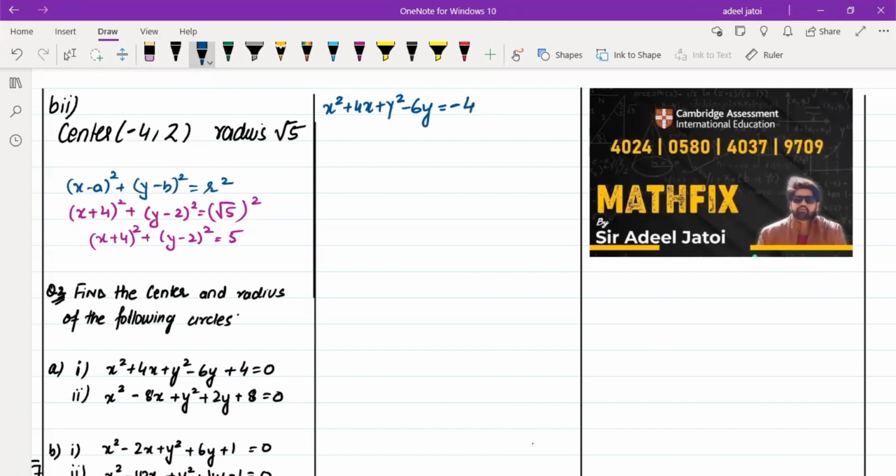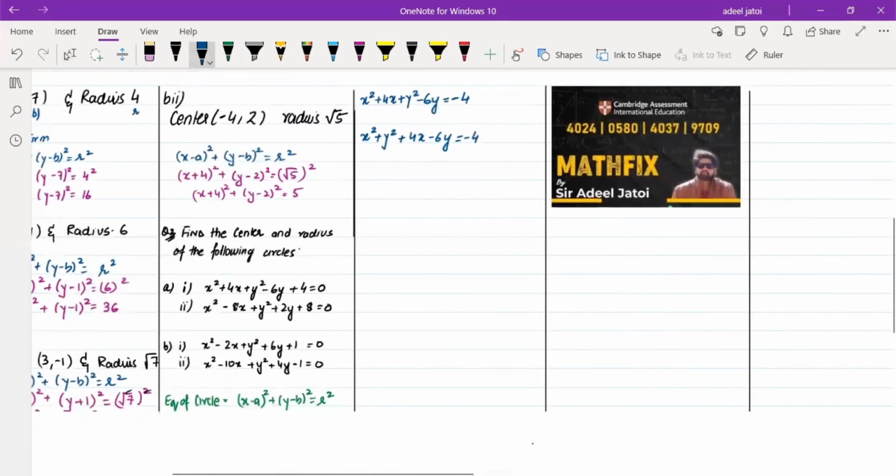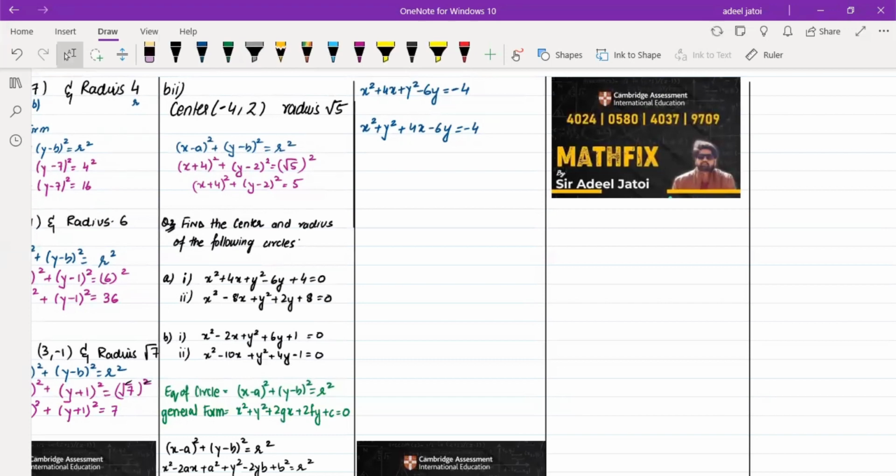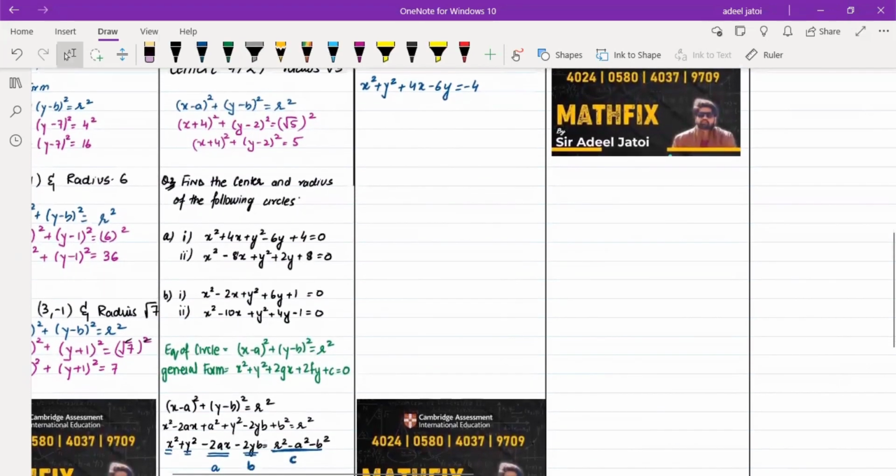And we can always shift this as well, like x square plus y square plus 4x minus 6y is equal to minus 4. Now this entire equation can be compared to the equation that we have just formed through the equation of circle. And the equation of circle form is x square plus y square minus 2ax minus 2yb is equal to r square minus a square minus b square. So you can compare this directly, or you can always open it up in the question as well.